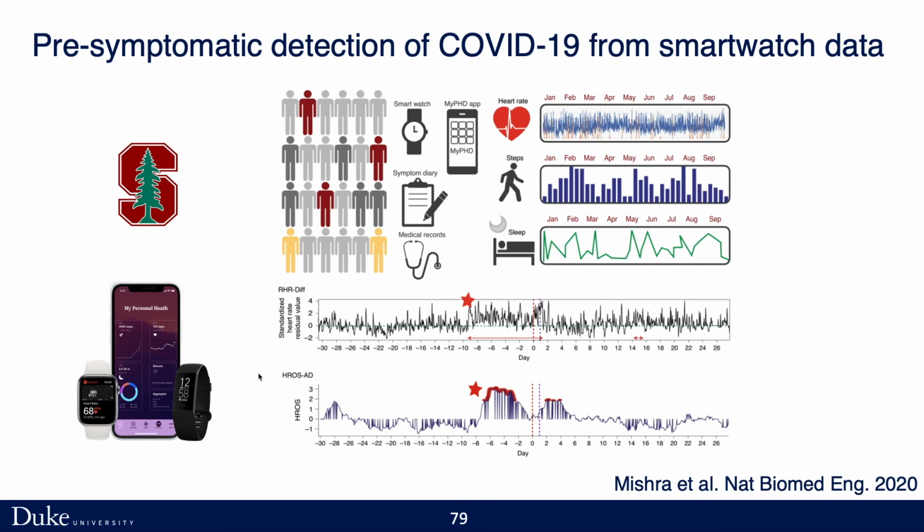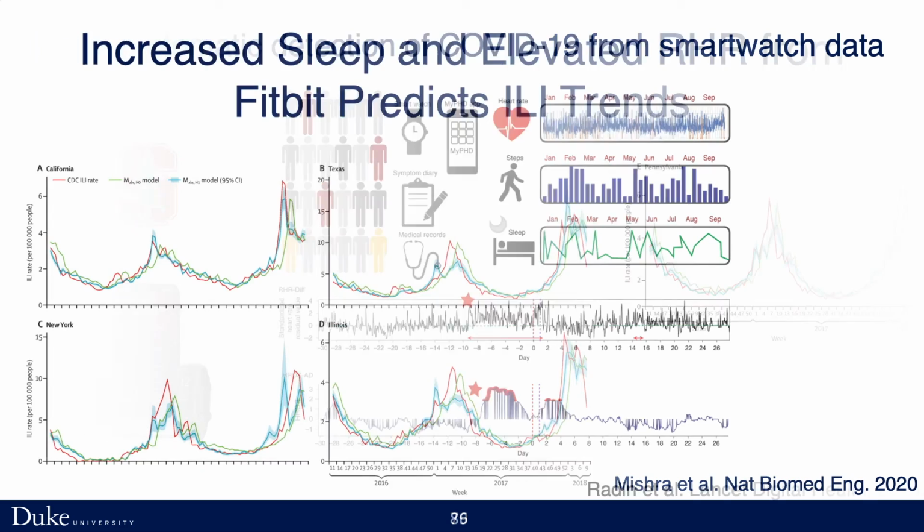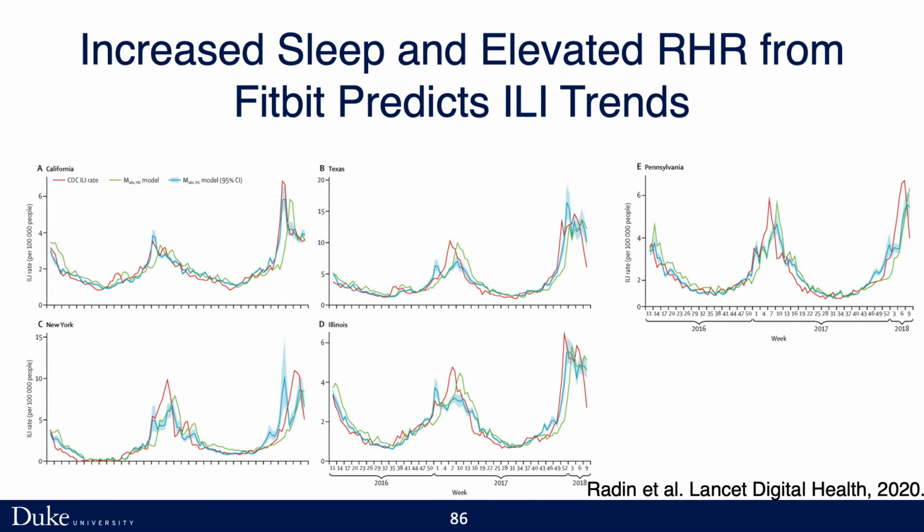And this method is based on some successes that we've seen on a larger scale, which the Scripps group had used to predict influenza-like illness. And this was pre-COVID-19, but the methodology is pretty interesting here, where there was the CDC influenza-like illness rate, and that's in red here. And they did this for 5 different states.